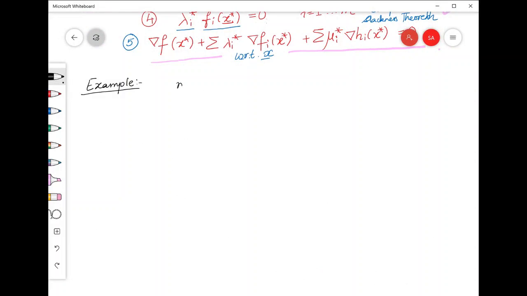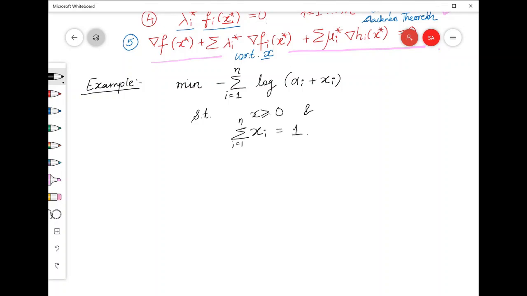What I want to do is minimize minus the summation from i equal to 1 to n of log(alpha_i + x_i), subject to the constraints that x is greater than or equal to 0 and the summation over x_i, i goes from 1 to n, is equal to 1.